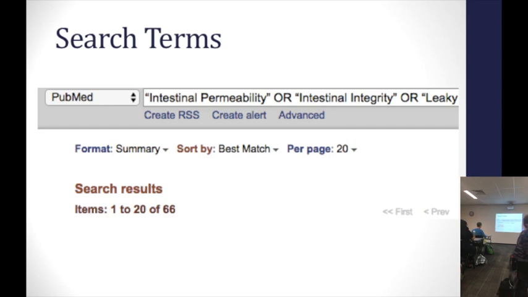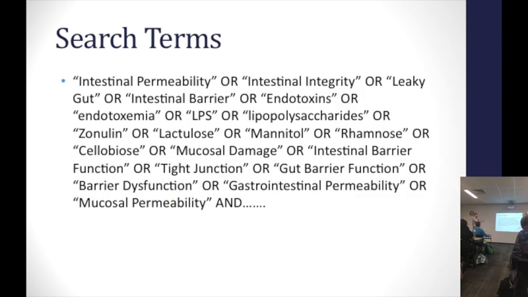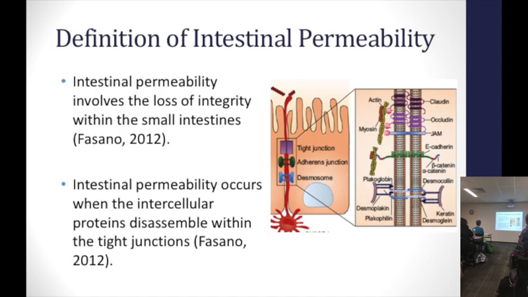It's important to search the literature right when it comes to intestinal permeability. So a hypothetical comprehensive search term would look something like this, using all the key factors that may be mentioned within the published literature. They're the terms that could describe intestinal permeability.